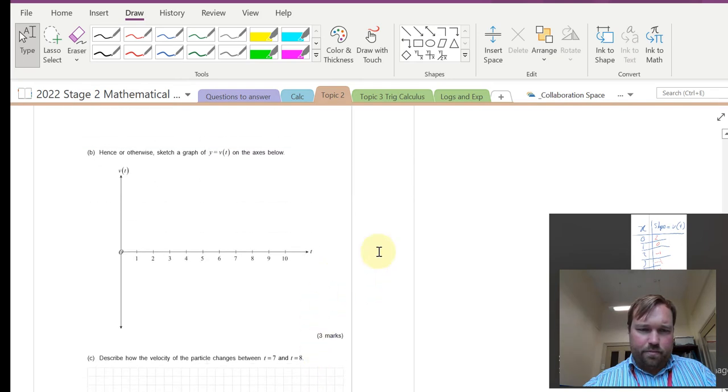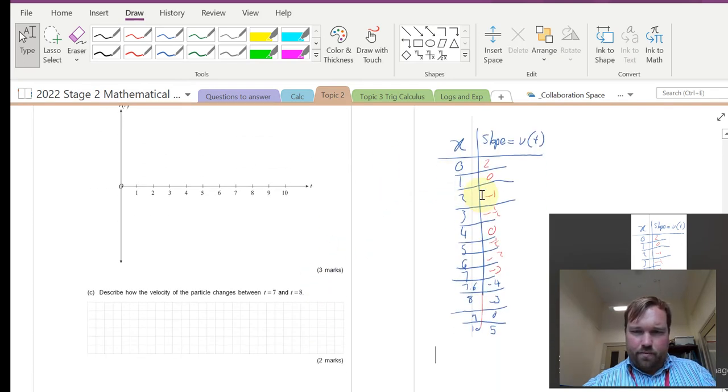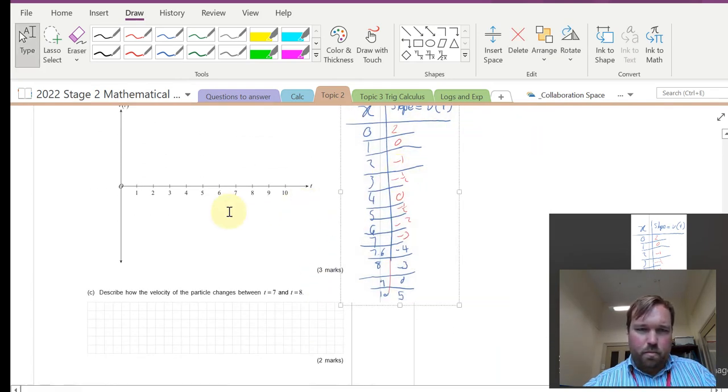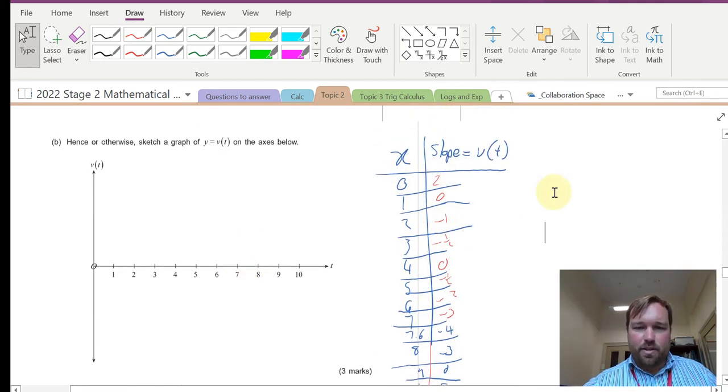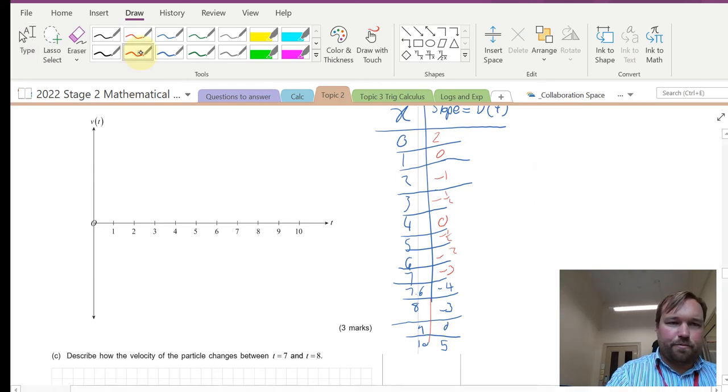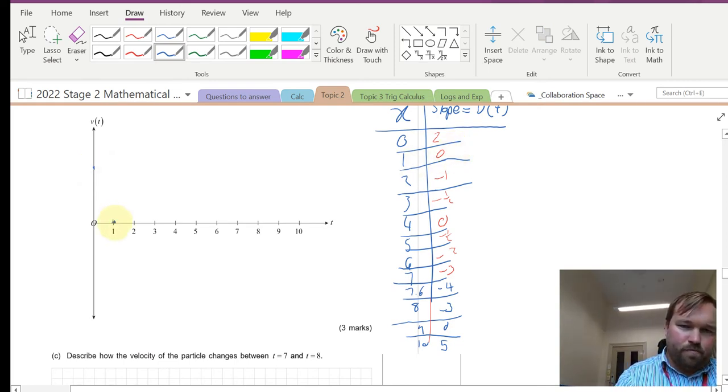Grab that. Drop it down here. The slope starts off quite positive, and then by the time we get to 1, the slope is 0.